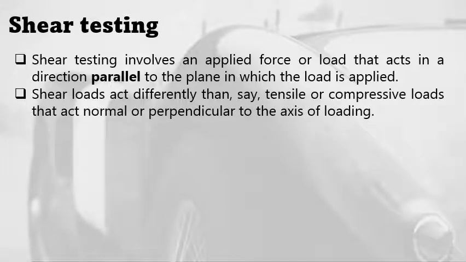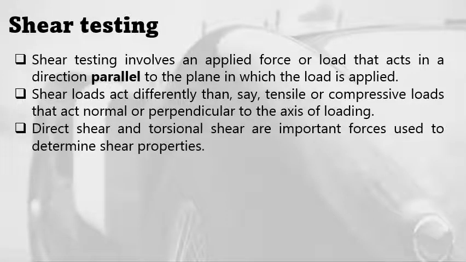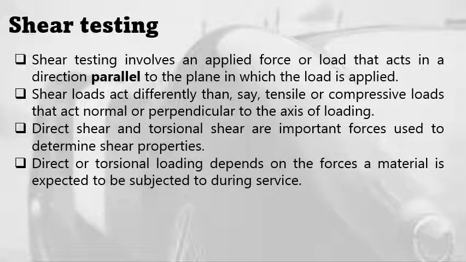Shear loads act differently than, say, tensile or compressive loads. Tensile or compressive loads act normal or perpendicular to the axis of the loading, whereas shear loads act parallel. Direct shear and torsional shear are important forces used to determine shear properties.